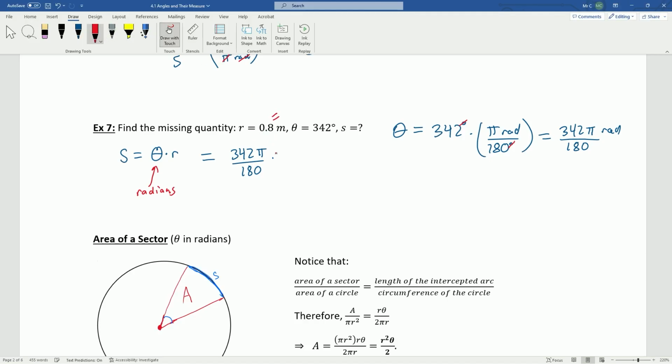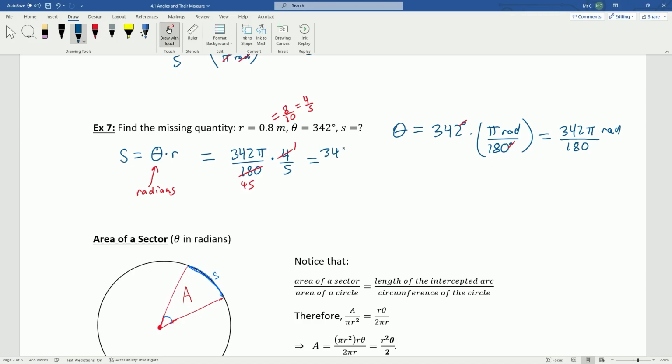But keeping with the fact that I've got some nice fractions here, instead of writing 0.8, I'll write this as 8/10 or 4/5. So then I'll multiply this by 4/5. Now 342 is not divisible by 5, so I can't simplify that at all. But 180 is divisible by 4. So before I go to start plugging the rest of this into a calculator, I can just simplify 4 over 180 into 1 over 45.